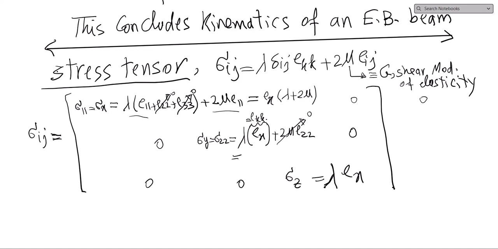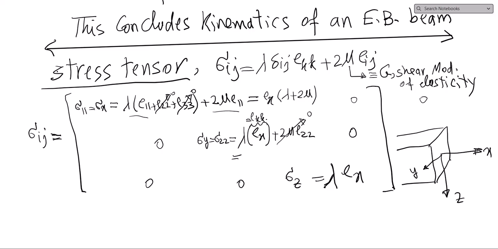So what are these? Let's make sure that we understand what is going on here. So again, on a cross section of the beam, we have x, we have z, and we have y component coordinates.